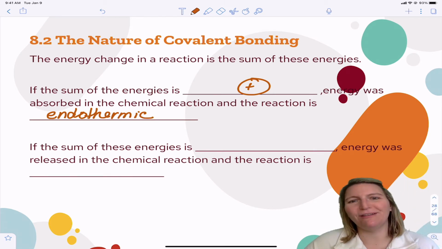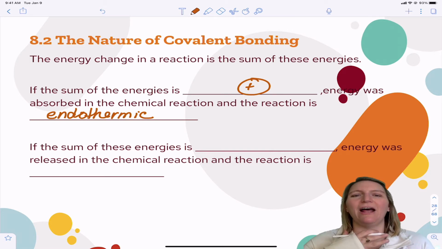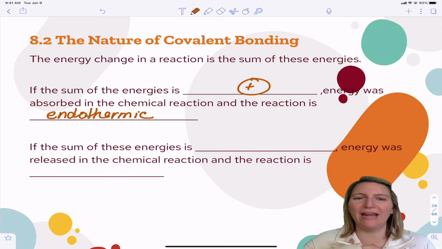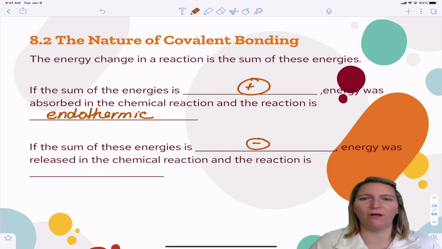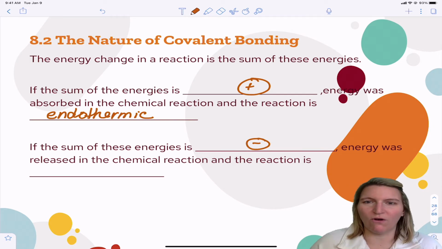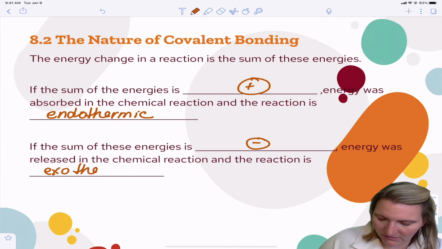And the exact opposite is also true. If the sum of these energies is negative, which means I put in a positive amount of energy and got out a much larger negative amount of energy, then my answer would overall be negative, and overall energy was released, and the reaction is what we call exothermic.